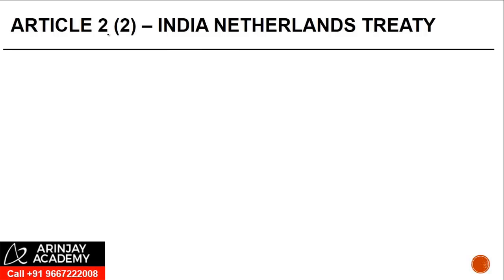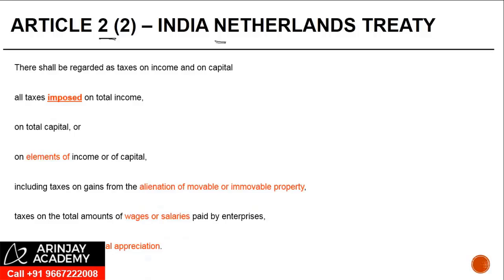Now, when I go to Article 2.2, what does it specify? If you remember, Article 2.1 of the India-Netherlands Treaty said that it applies to taxes on income and capital, right? Now, what shall be regarded as taxes on income and on capital is provided by Article 2.2. Let us read that.